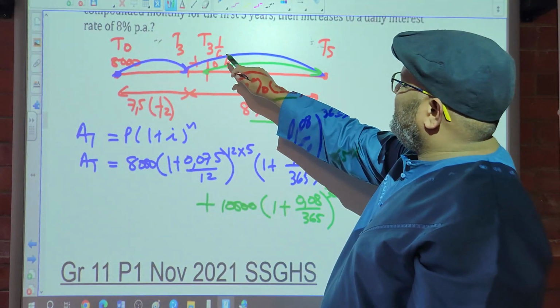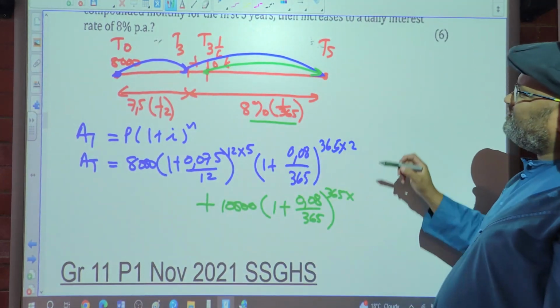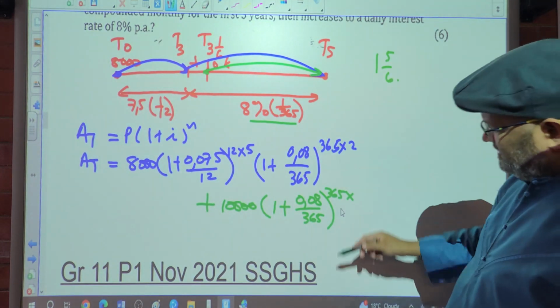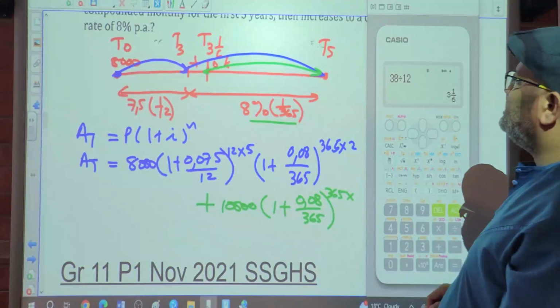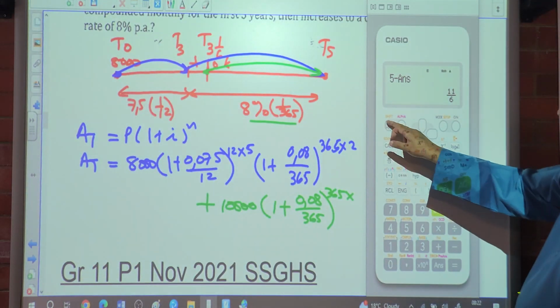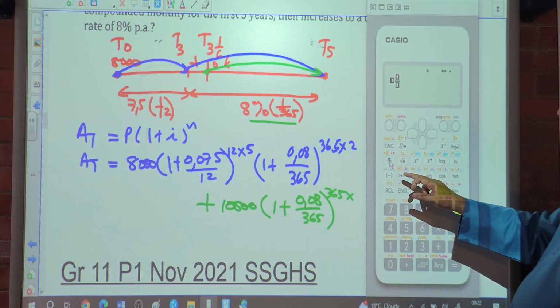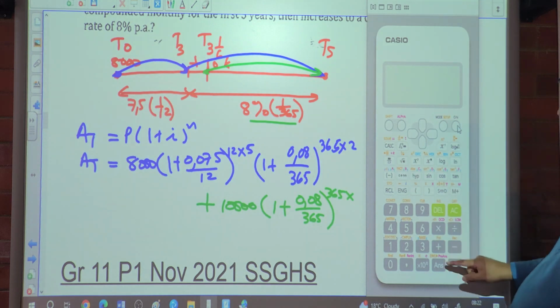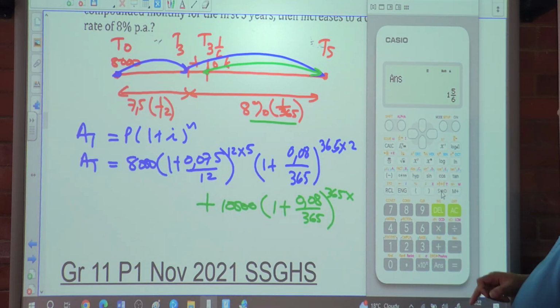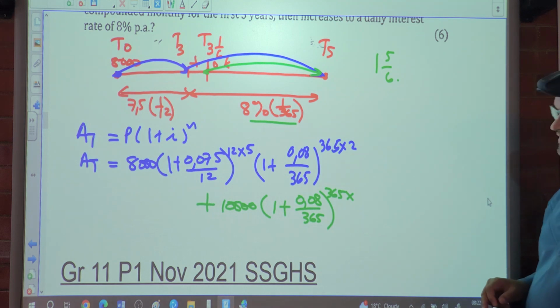From 3 and 1 over 6 to 5. I'm going to say it's 1 and 5 over 6. Let me just check. It's 5 minus that answer that we calculated. One and 5 over 6 is correct.